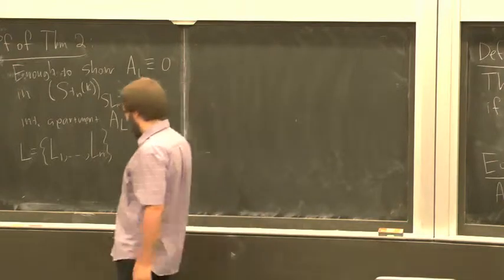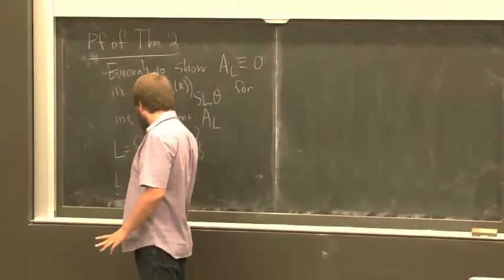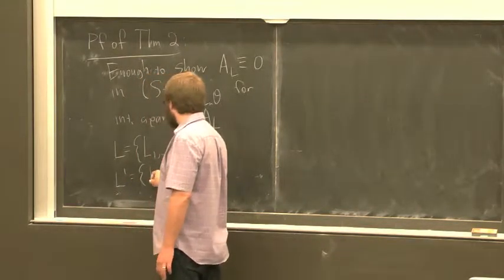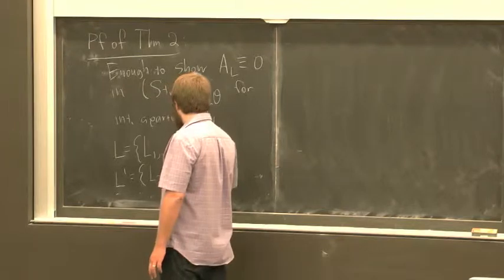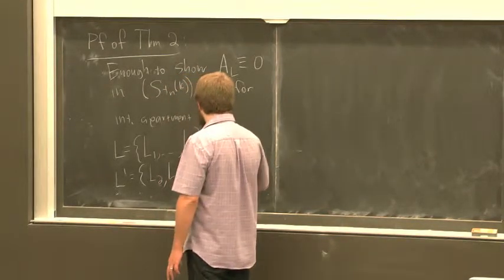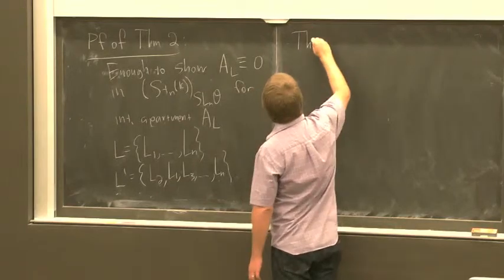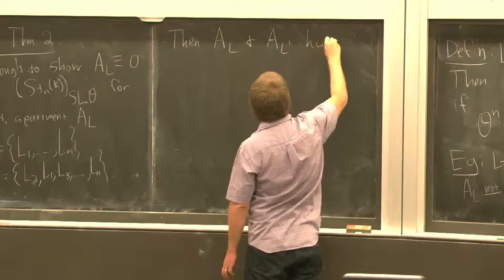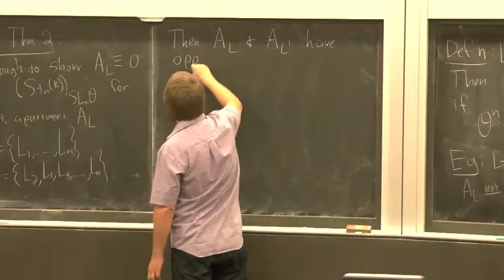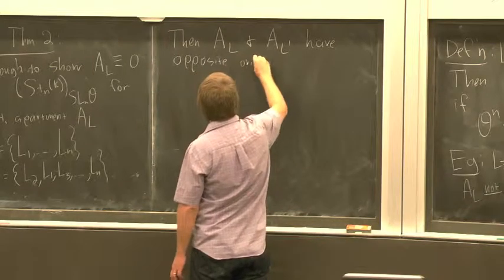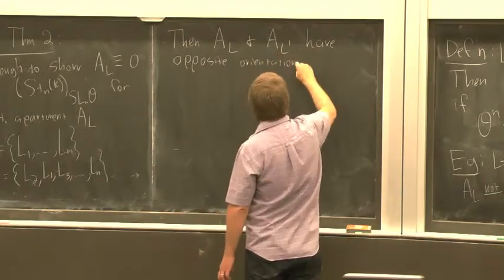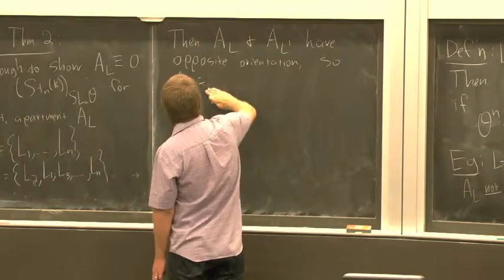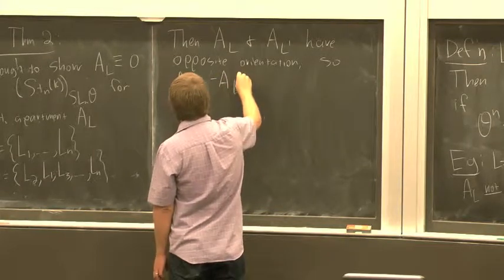So let L' be where you just flip L_1 and L_2: L_2, L_1, L_3, up through L_n. Then A_L and A_L' have opposite orientation, so A_L is equal to negative A_L', like in the Steinberg module.